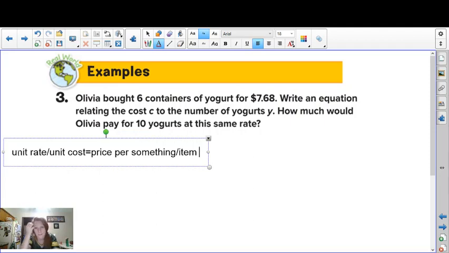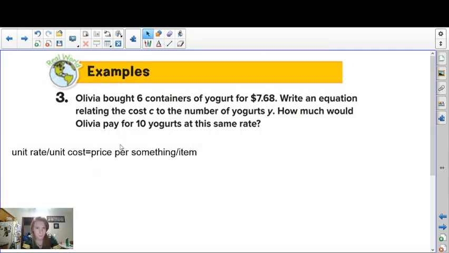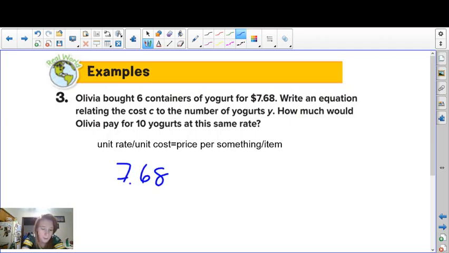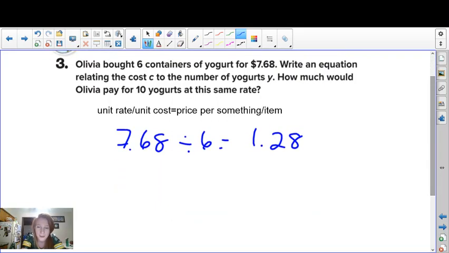In this case, it's going to be my price per yogurt. So I'm going to start by saying, well, I bought 6 containers at $7.68. So how much was each one? I'm going to take my $7.68, the price, divided by my 6 containers, and I should get $1.28. So it cost me $1.28 for each container.